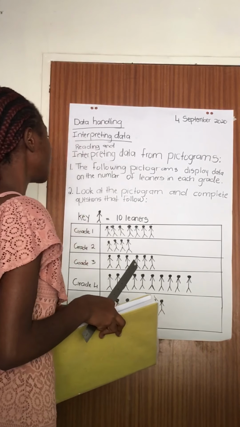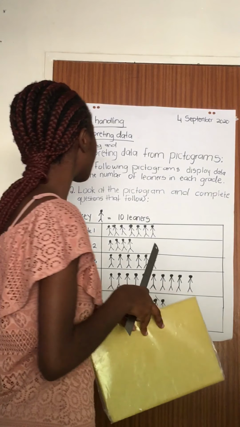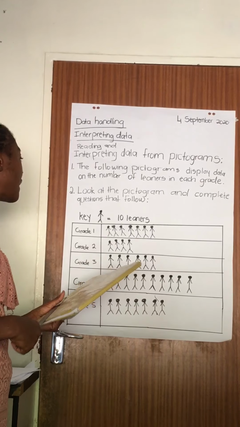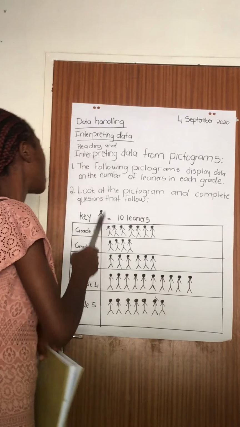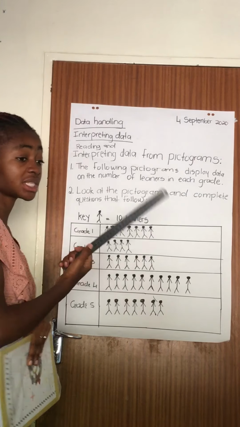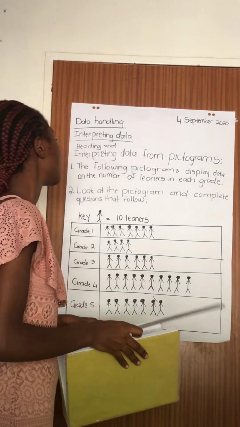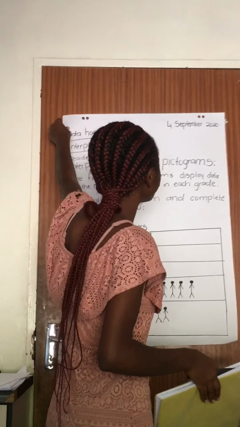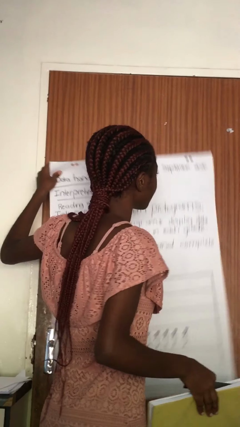So we move on to interpreting data from bar graphs. I hope you understand and I hope it's clear. I hope once you come across a pictogram one day with questions, you'll be able to answer them.